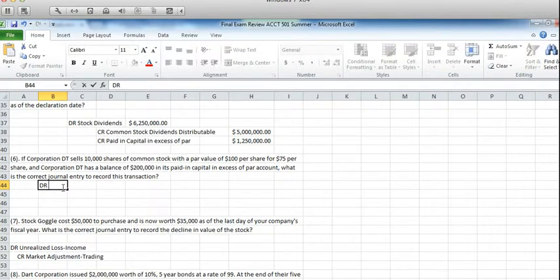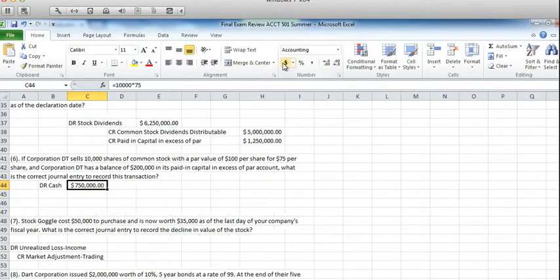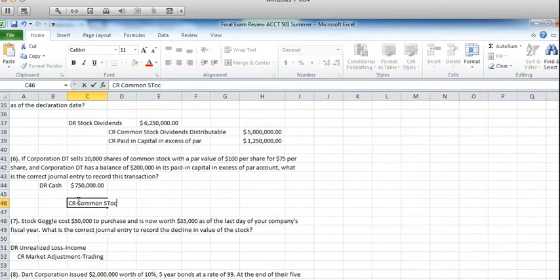We're selling stock, and what we're getting in exchange is cash. Okay, so we're getting 10,000 shares times $75, or $750,000 in cash. And then, skip down to this one, we have common stock.